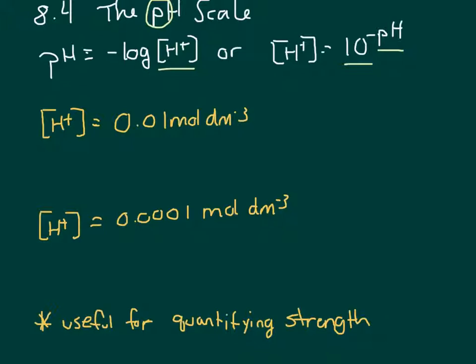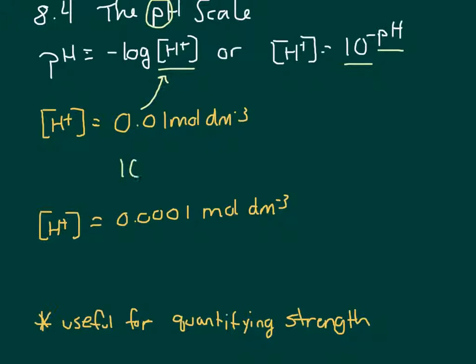If you know your hydrogen concentration is 0.01 moles per decimeter cubed, that is your concentration. You could, if you wanted, input that value into this calculation. Or you could look at this and turn it into an exponent power.